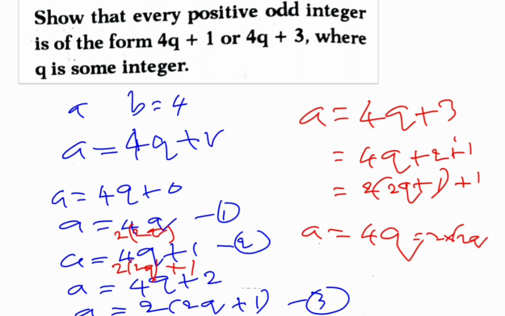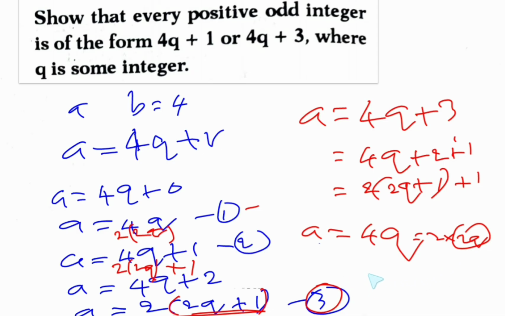That means 2q is a number, and multiplying with 2 we will get an even number. In the same way, 4q plus 2 we can write as 2 into 2q plus 1. 2q plus 1 is a number, and multiplying with 2 we will get even numbers. So the first one and the third one are even numbers.